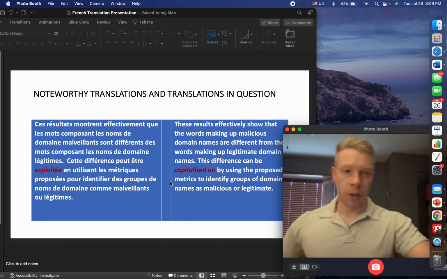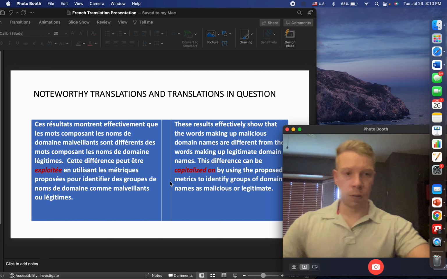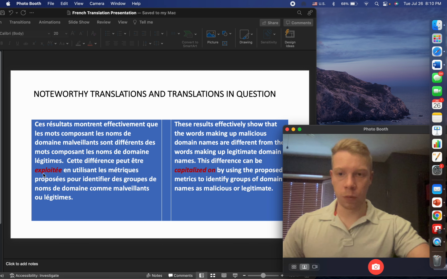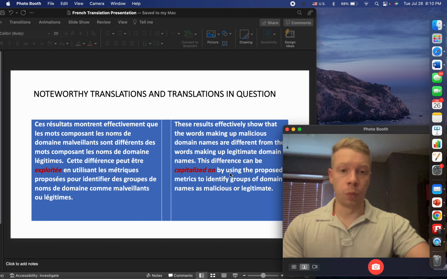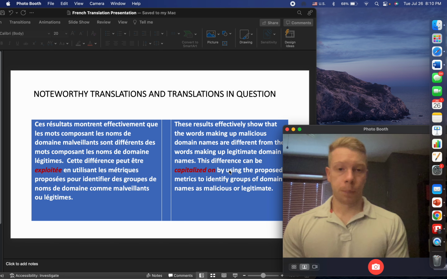Some other differences were more intuitive, easier to find a translation for. An example here. We have this verb which means literally to exploit. So the literal translation here would be: this difference can be exploited by using the proposed metric to identify groups of domain names as malicious or legitimate.